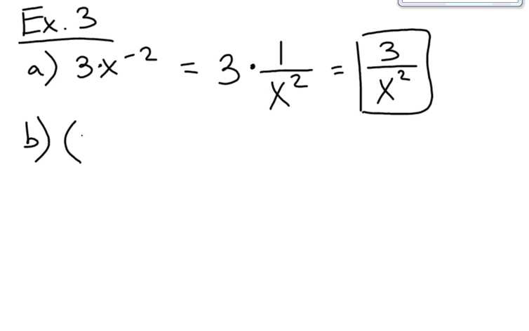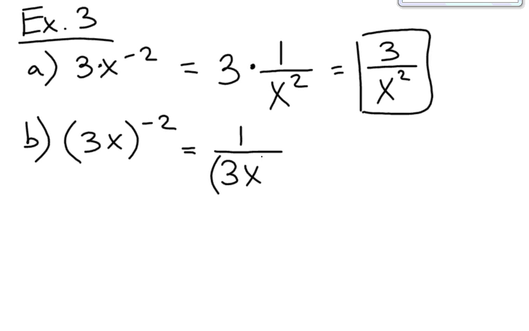Okay? So part B, we have now almost the same exact thing, but now we have parentheses around 3x. How this changes is the 3x, the whole thing, is raised to the negative exponent. So when I do the fraction, the 3 actually goes down with the x because it's in parentheses. It also has the negative exponent.